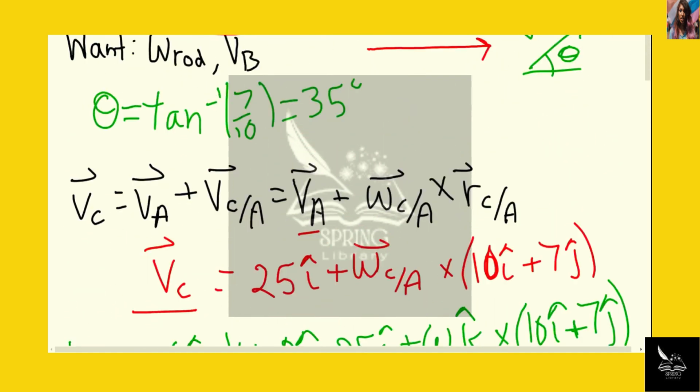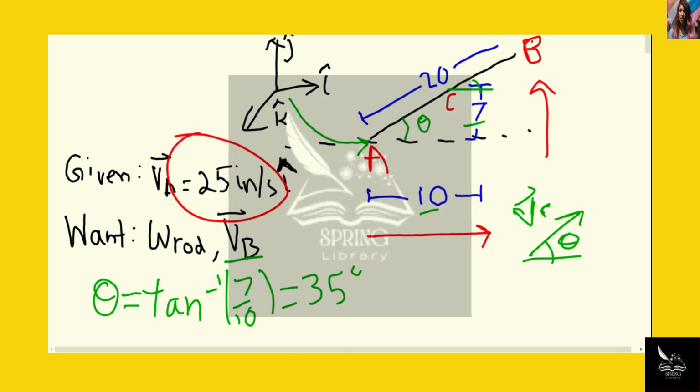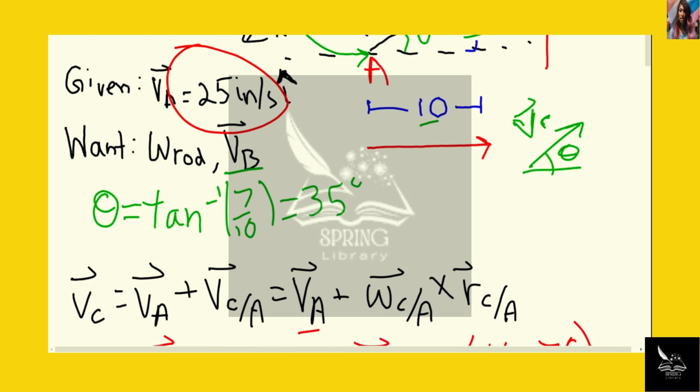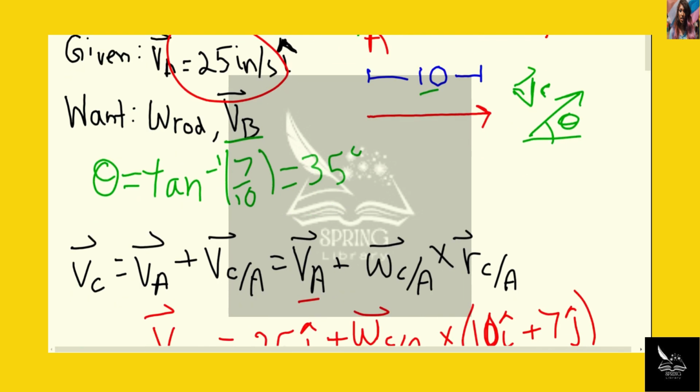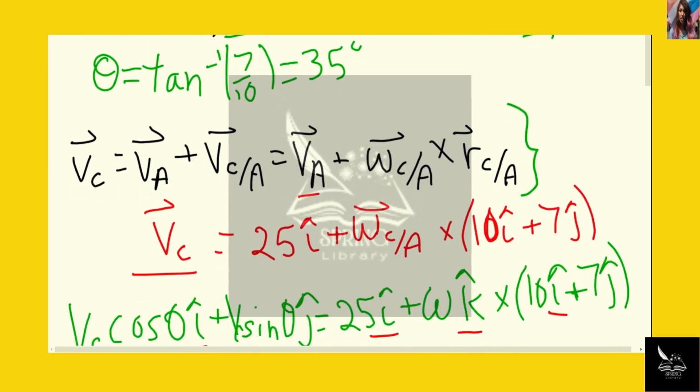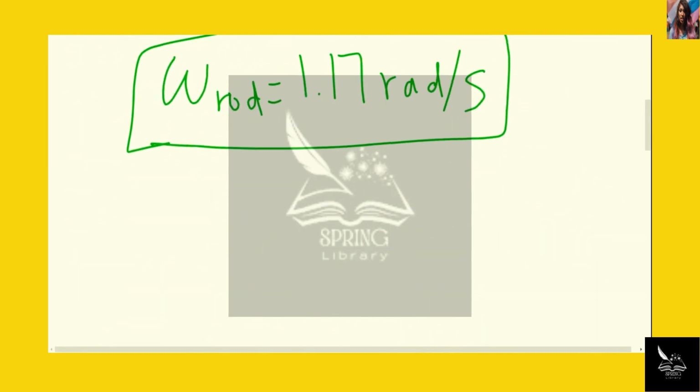Remember, we're not done. We still have to solve for VB. Now, VB can be solved using a similar technique to what we used here, and instead of C's, we're just going to put B's. I'm just going to write that out for completeness.